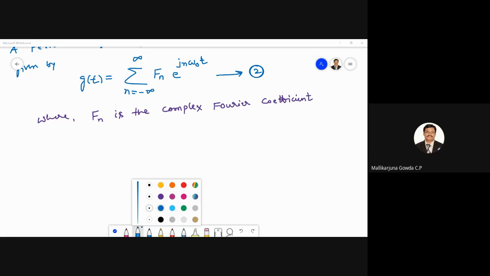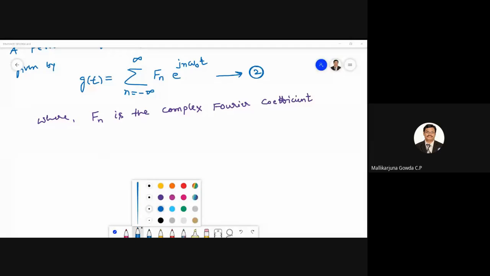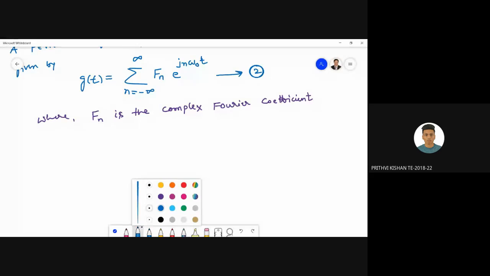Yes, anybody from the class? Nobody knows? How do you define the Fourier coefficient? Sir, it's about 1 by 2L or something after that. Yeah, 1 by 2L.